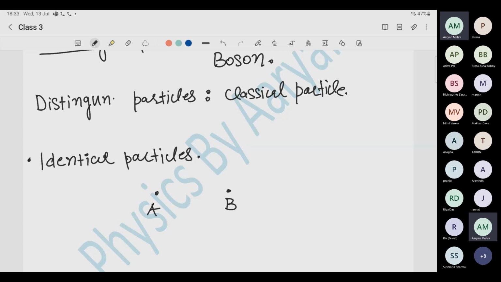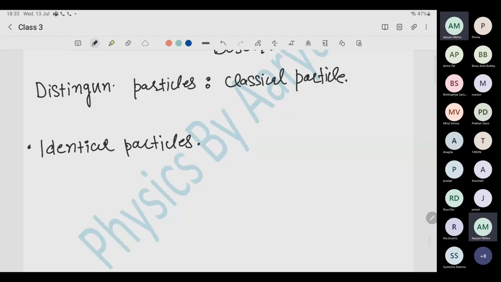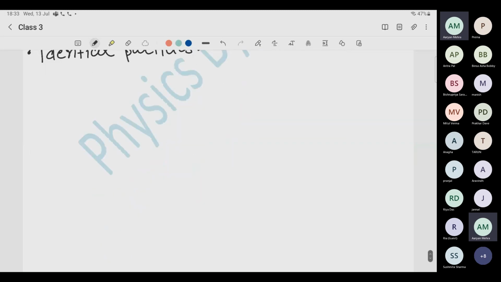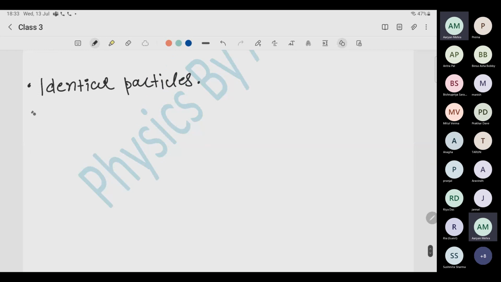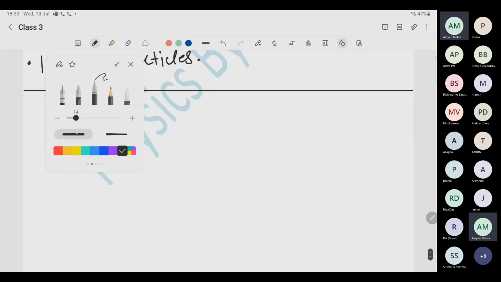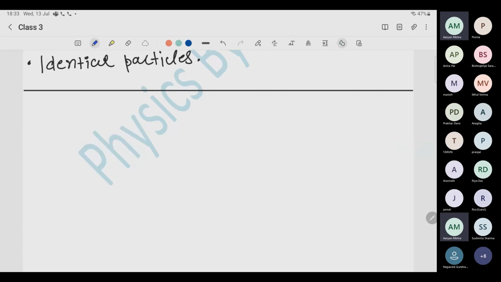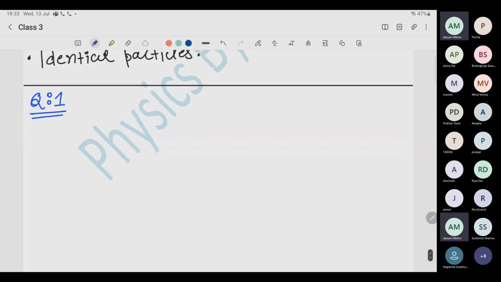In this situation there will be no confusion, but if they say identical classical particles, there will be confusion. So never confuse the word identical with indistinguishable. With these rules, let's solve some problems, and after this you will never get confused. So problem number 1. For a very simple case, we will assume that there are 4 particles.